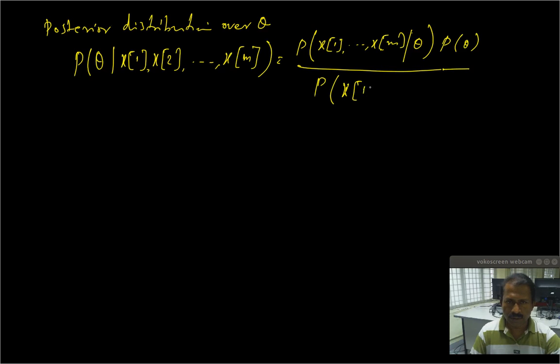This is our Bayes theorem, nothing but Bayes theorem. So this becomes the normalization factor, right? So normalization.